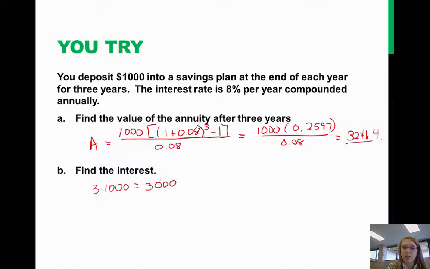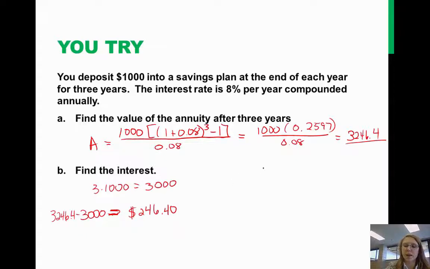Well, we're going to take the total in our account at the end of 3 years, and subtract how much we actually put into the account. So this would be 3246.04 minus 3,000. So we'd have a total of $246.04 that was paid to us as interest.